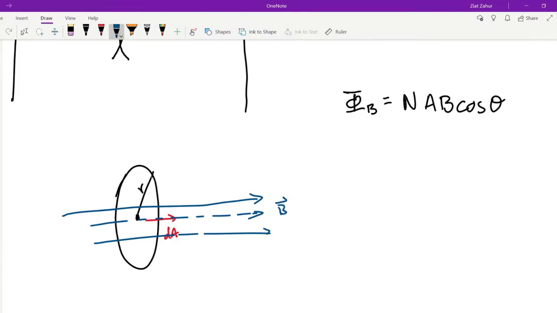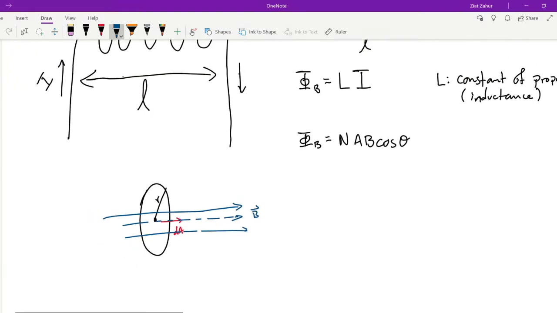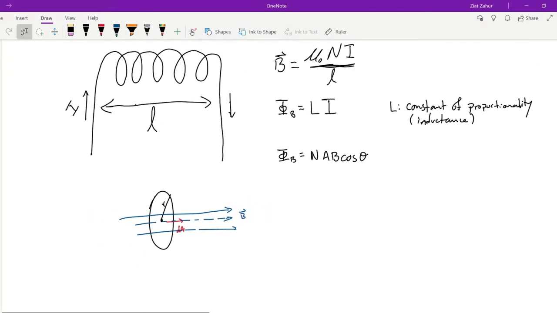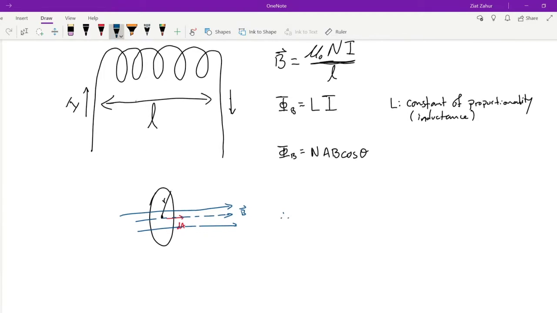So we get 100% flux. Therefore, your theta, the angle between your area and your magnetic field, is just 0. And this means that cosine of theta gives you 1. So you get 100%.